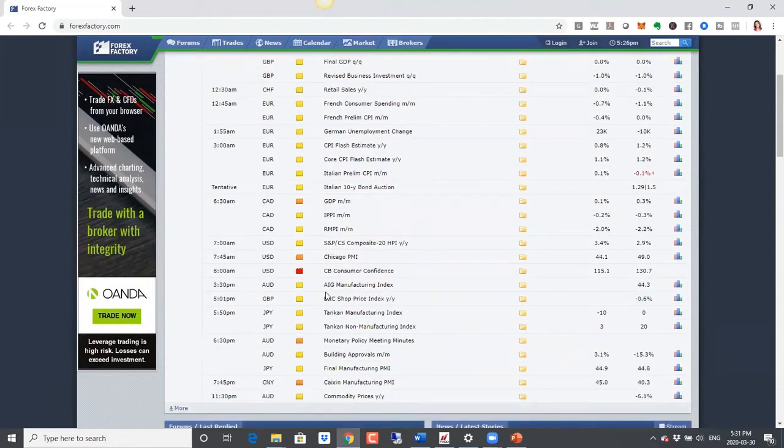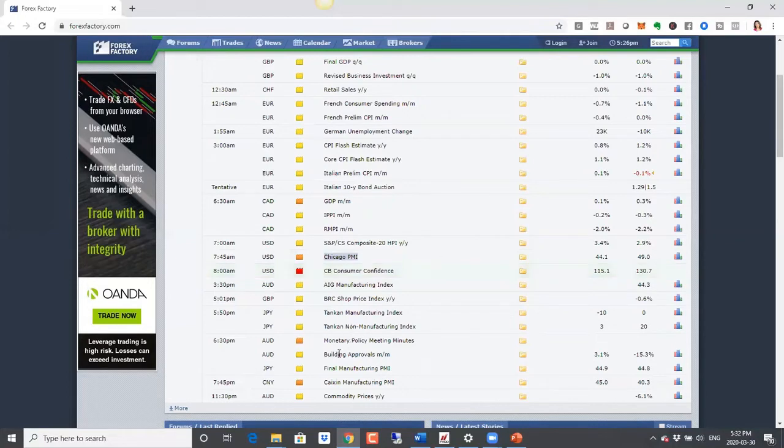And in terms of really the major data here, we do have consumer confidence numbers here and Chicago PMI numbers for the US. Now, these are expected to drop, but I think we could see a worse number here than what is being expected. So keep that in mind. But if we get a really bad number, we could see the US dollar take a hit as a result of that. So keep that in mind.